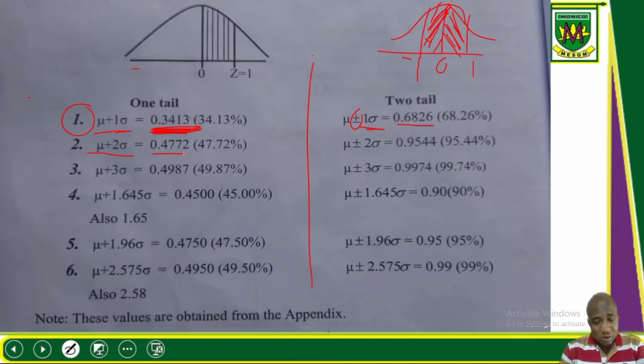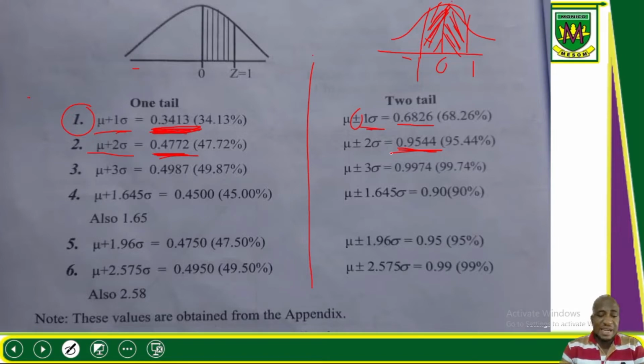If you want the two-tailed, I said for the two-tailed, you cannot see this on the summarized table. But what you have to do is, since you have checked the one tail from the table, all you have to do is add the one tail to itself. So you add another 0.4772 to the 0.4772, and this will bring you the 0.9544. Let's take note of that.